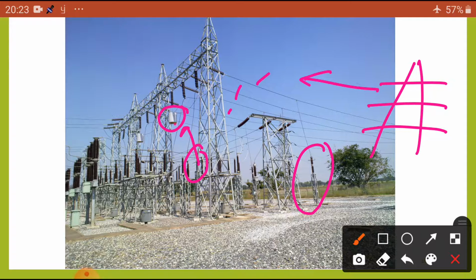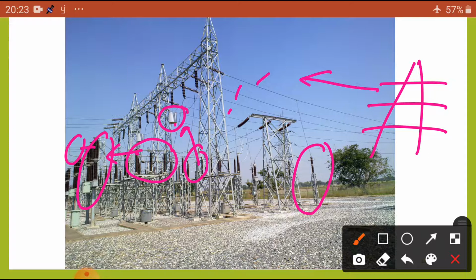After that, it is connected to these isolators, double break isolators, you can see here. And after that, it is coming to our main item, the circuit breakers here. You can see the circuit breakers.